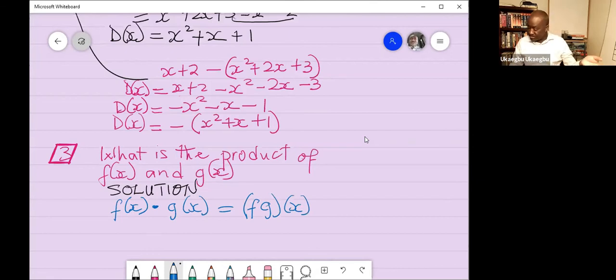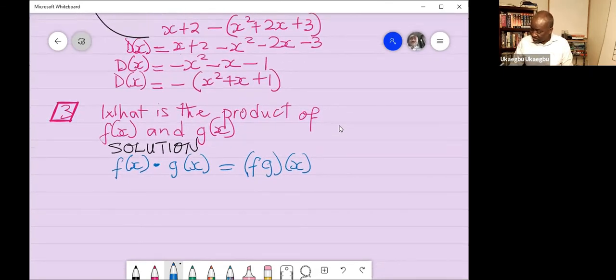So these are two ways you can write it. And the bottom line is, all you're doing is take the first function, which is x plus 2, then multiply it with the second function, which is x squared plus 2x plus 3.